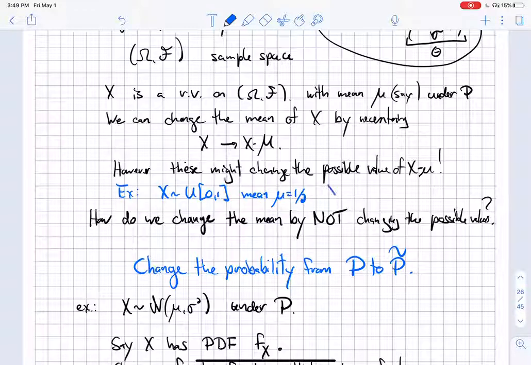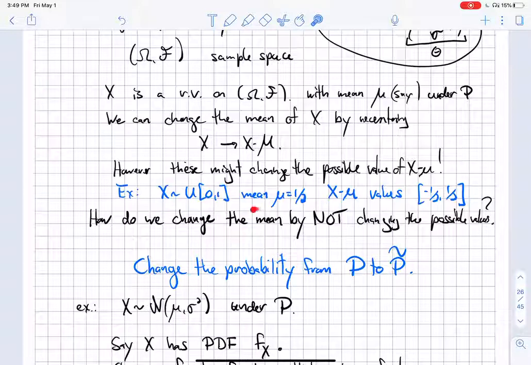And so X minus mu has mean 0, but now it takes values in minus 1/2, 1/2. So the possible values have changed. And that's not good for us, because we want an equivalent probability. Remember, for risk-neutral probability, that means the outcomes don't change.